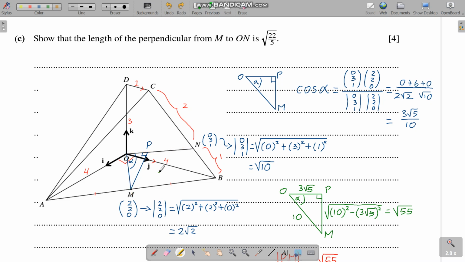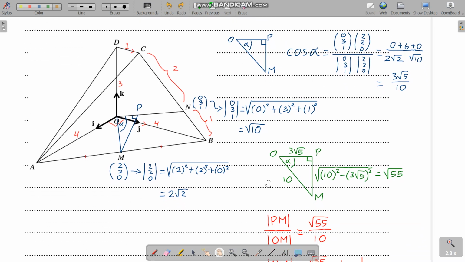So remember, the direction should be from the same point, starting from O to M, starting from O to N. So using the dot product again, the vectors ON and OM, you can find the angle alpha, or you can find the cos alpha. Okay, so this is still cos alpha, this is not the angle alpha.